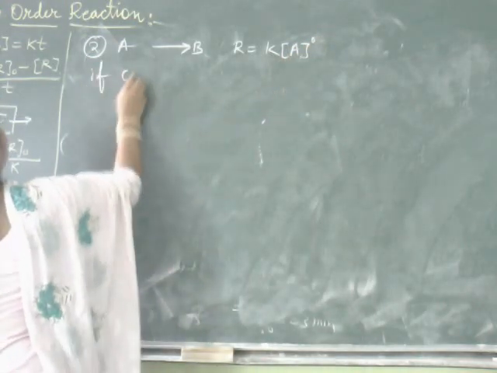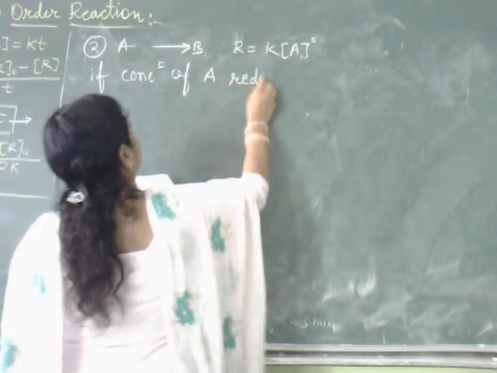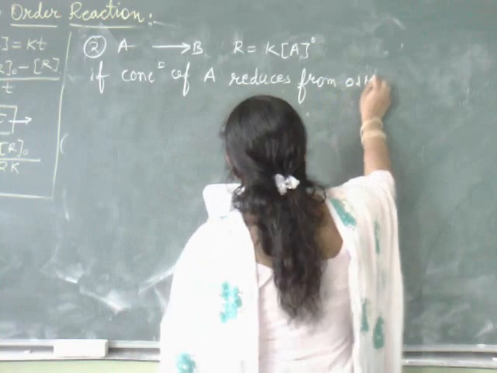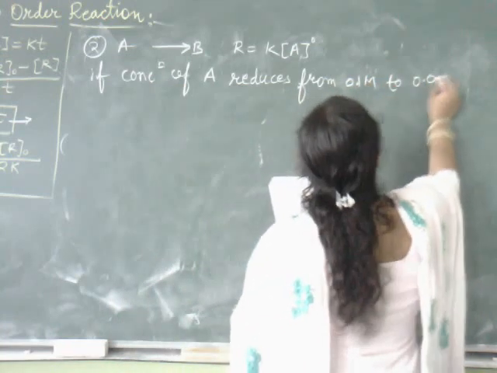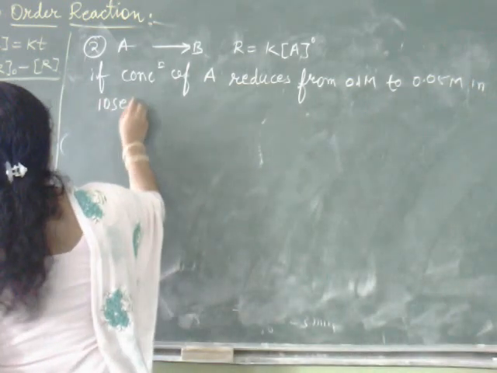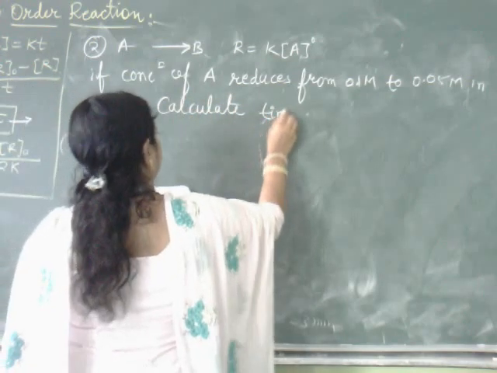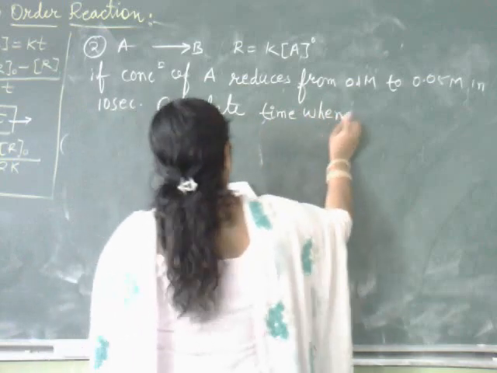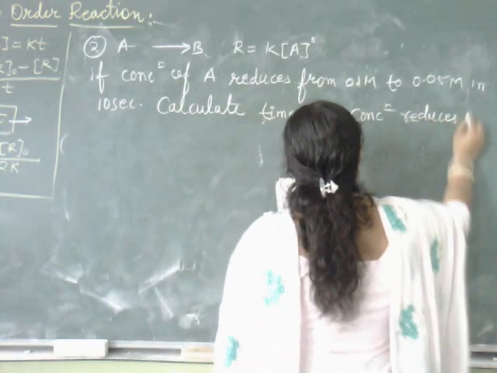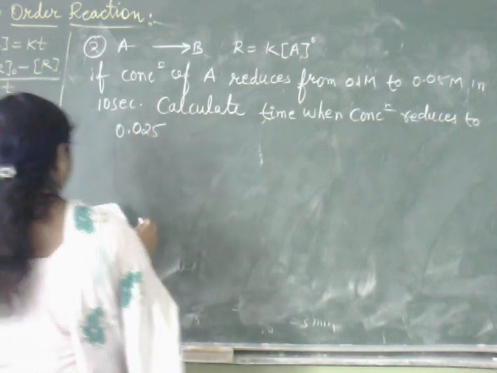If the concentration of A reduces from 0.1 M to 0.05 M in 10 seconds, calculate the time when the concentration reduces to 0.025 M.